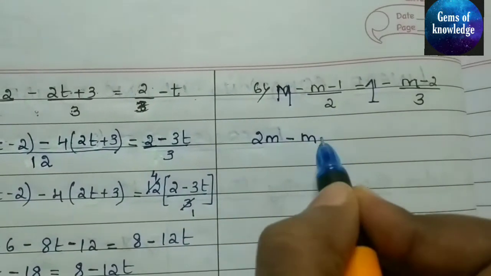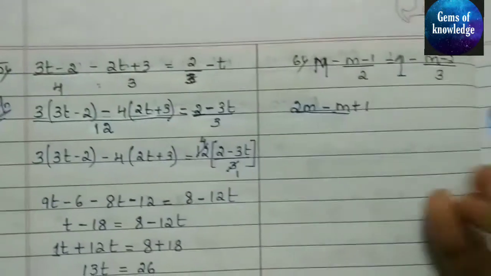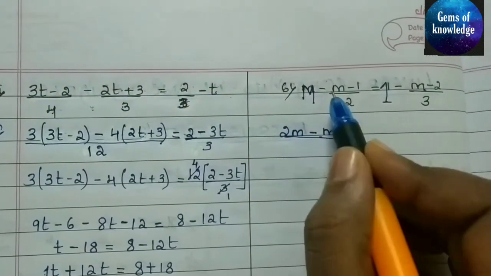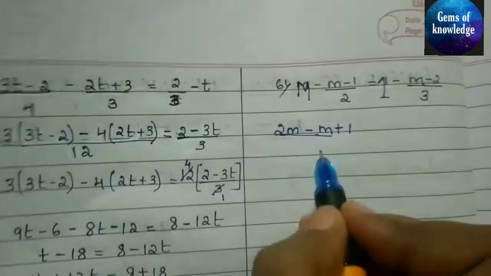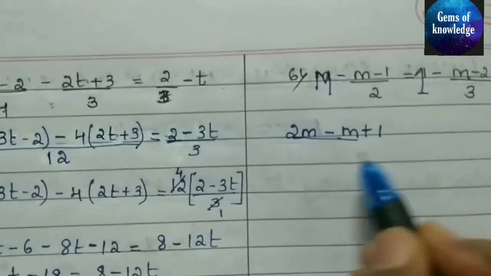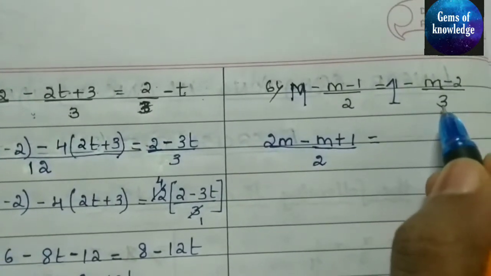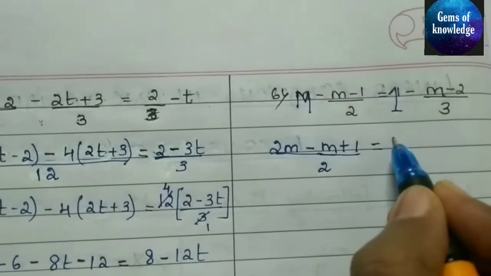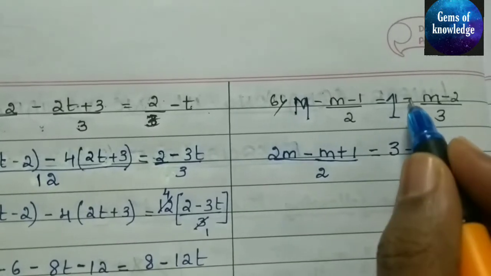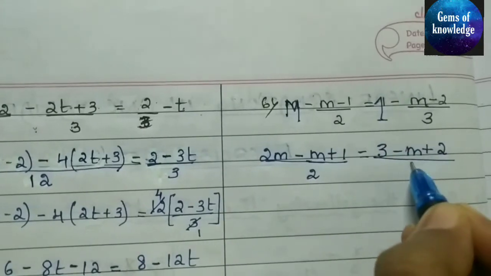So minus into minus is nothing but plus 1 divided by 2, which is equal to, again we have to multiply here 3 by this one. So 3 ones are 3 minus m will be as it is, and this minus into minus will become plus 2 divided by this 3.